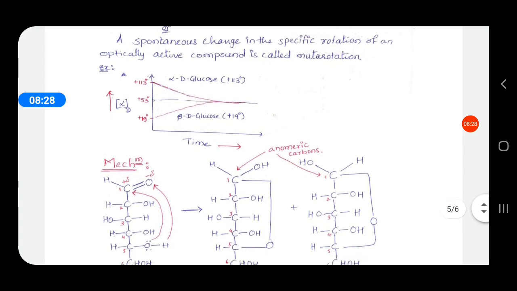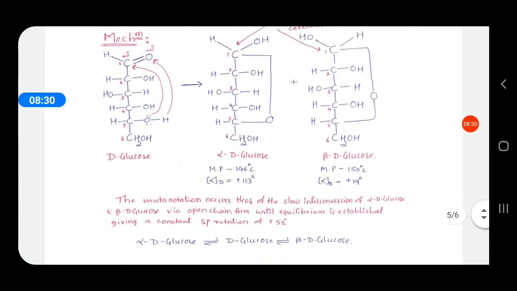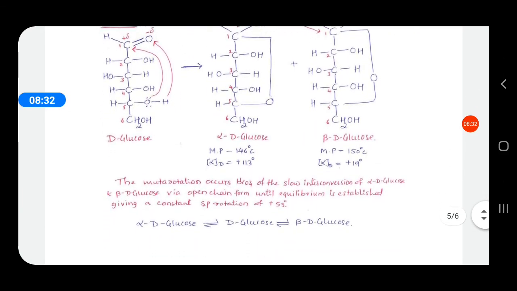Either alpha D glucose or beta D glucose, when dissolved in water, their specific rotation gradually goes on changing and finally reaches a constant specific rotation of plus 53 degrees.